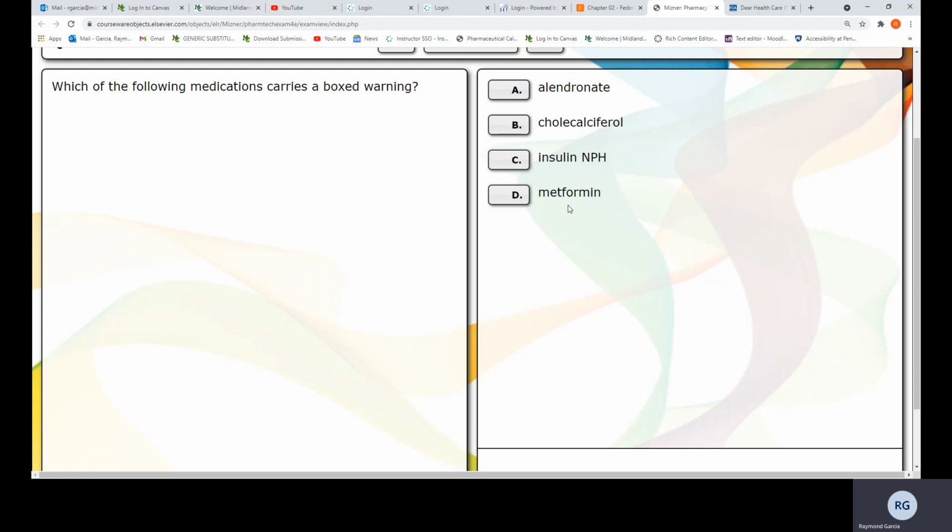Usually that one would be the one with the warning because you cannot lie down for something like 30 minutes after you take it. My guess would be alendronate. No, it's looking like metformin. That's interesting.